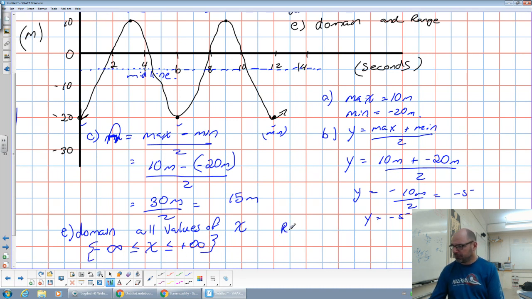And our range, it's everything greater than negative 20 and less than 10. So y is greater than or equal to negative 20 and less than or equal to 10. And this is our range. So all the values of y. Okay, so there's our domain, range, everything like that.